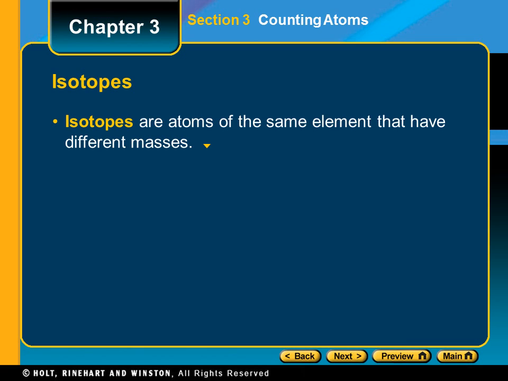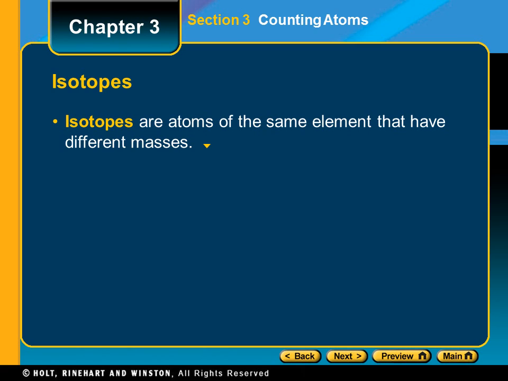Now when we talk about isotopes, isotopes are atoms of the same element that have different masses. Let's think about this. The mass of any atom is going to be a composite of the mass of the electrons, the mass of the protons, and the mass of the neutrons.